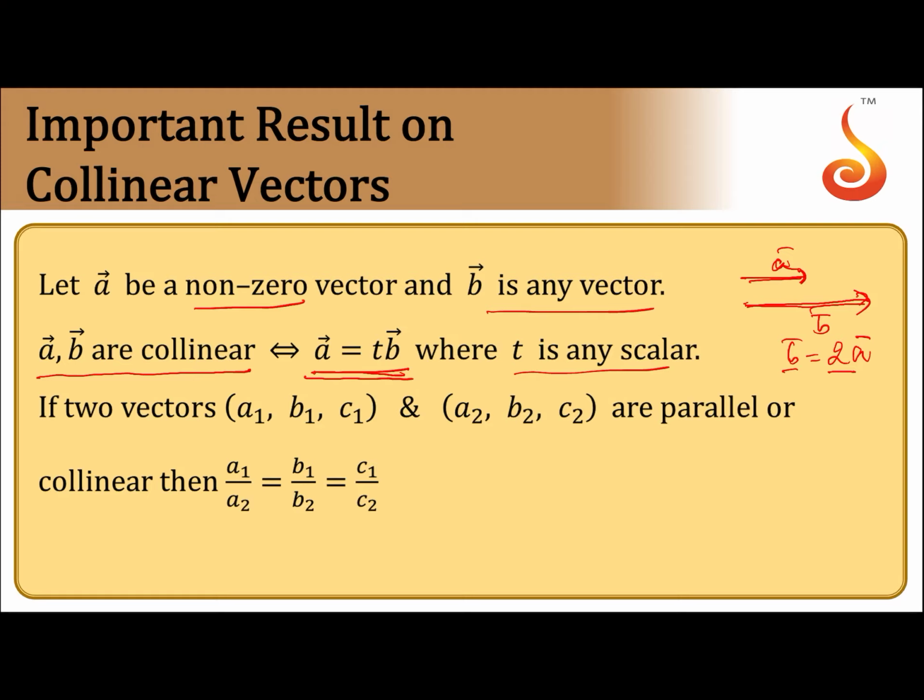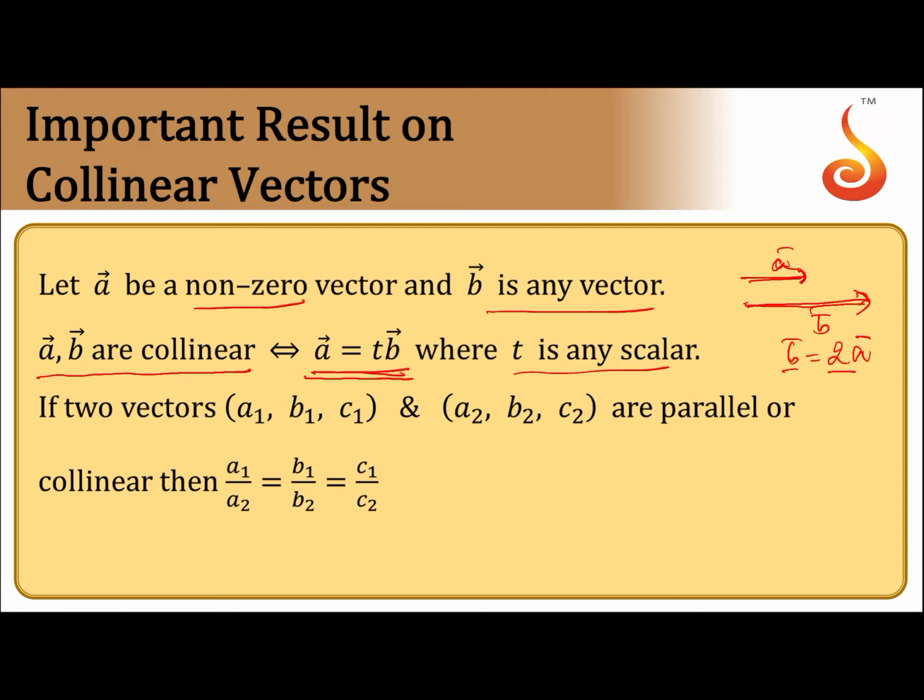The moment you say they are parallel vectors, one can be related to the other with a scalar multiple. So the conclusion is, when two vectors are collinear, you can compare their magnitudes.